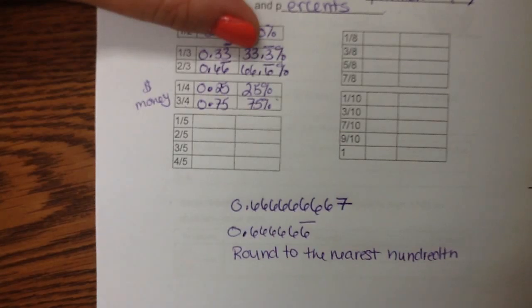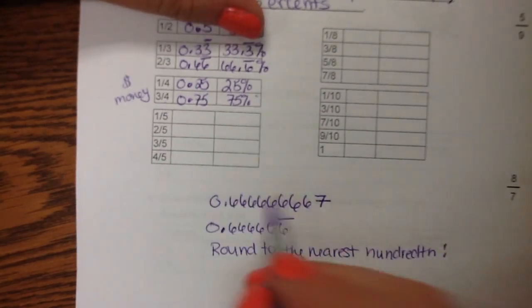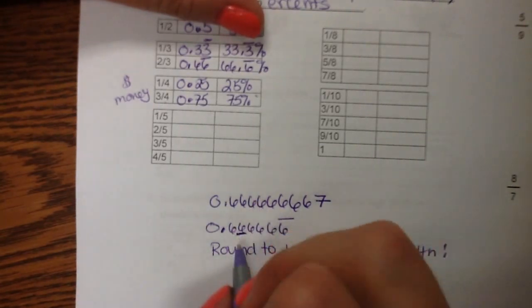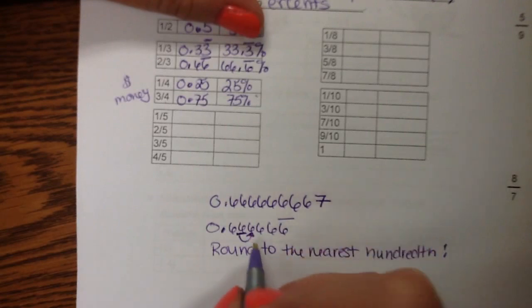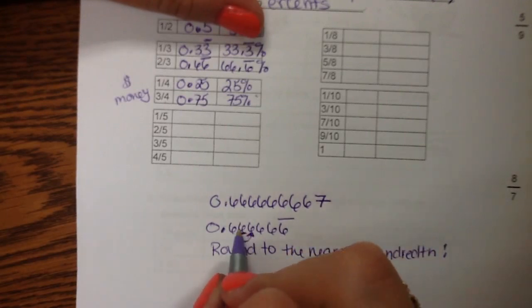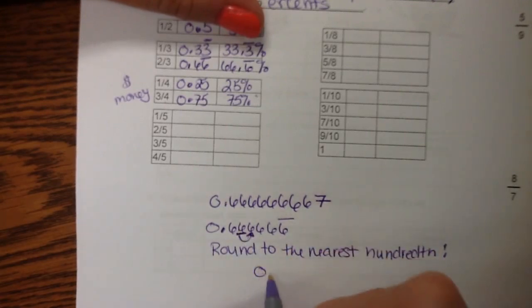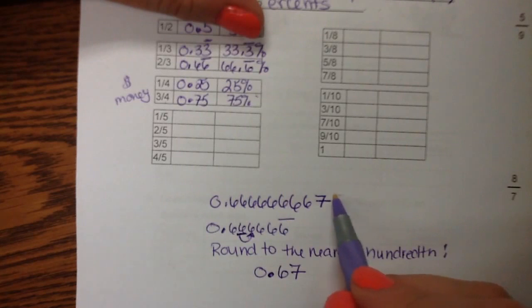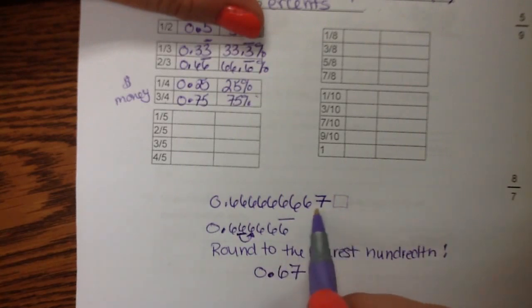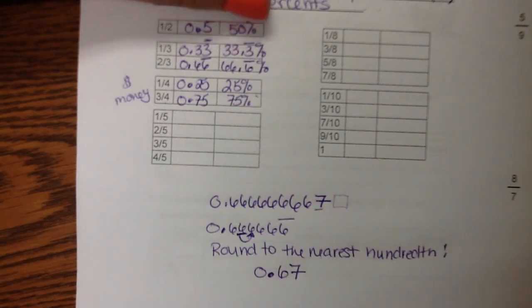Like in our previous lesson, we identify the hundredths place, which is 2 over from the decimal to the right, and we look one more place to the right. That's a 6, so that's going to make this 6 round up to a 7. So this is going to be 0.67. Your calculator actually knows there's another 6 right here, and is rounding that last visible place up to a 7. Kind of interesting.